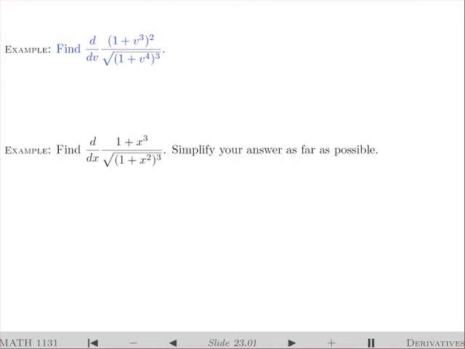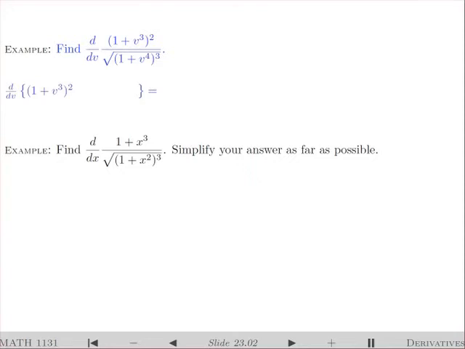I'm going to differentiate the fraction (1 plus v cubed) to the power 2 over the square root of (1 plus v to the power 4) to the power 3. We'll use negative exponents to write this as a product. So I should take the numerator multiplied by the reciprocal of the denominator.